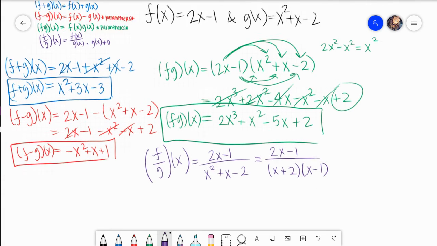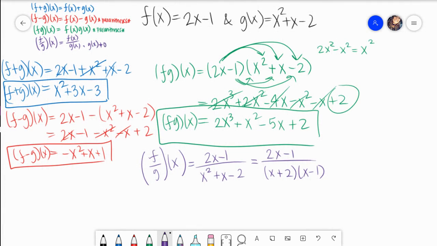On our notes, next to the quotient function, it states that our g of x can't equal 0, and we need to be finding the domain for all of these, correct? So because it's in a fraction form, I know that I can't divide by 0. So I'm going to find the domain of all of these, working my way from quotient to product to difference to the sum. Okay, so this is the answer to finding the quotient of those two functions.